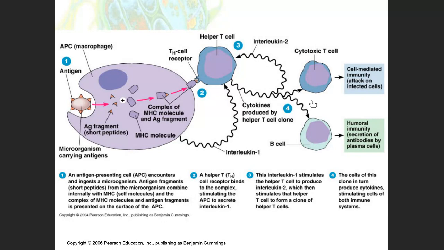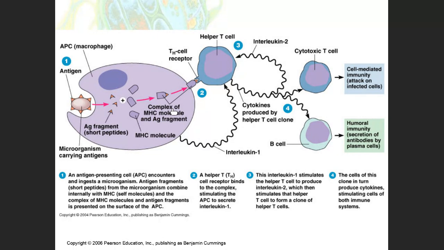And the MHC is the major histocompatibility complex. It's a self-recognizing molecule, so that way they know they're on the same team. The helper T cell knows that it can trust that macrophage because the macrophage has presented the code word or the secret handshake, so they know they're on the same team.